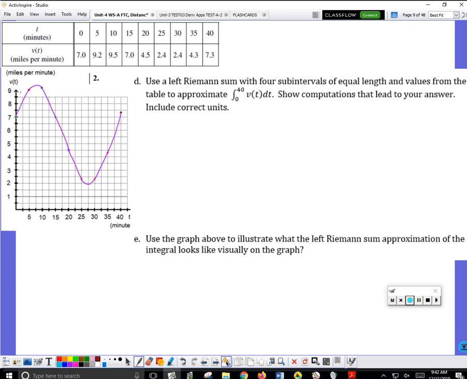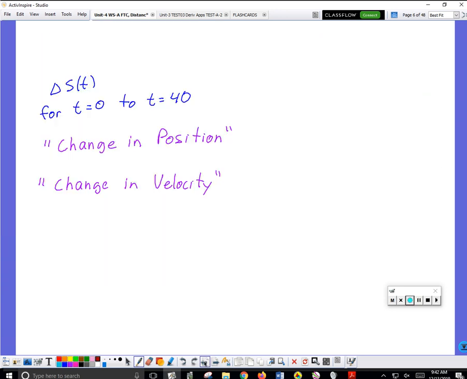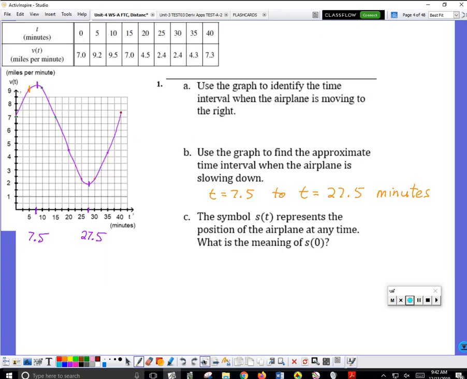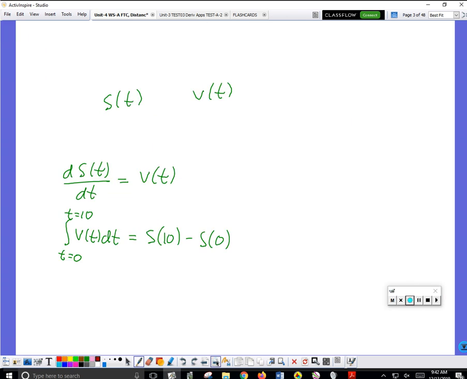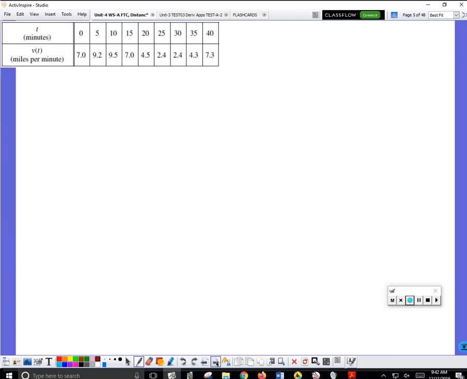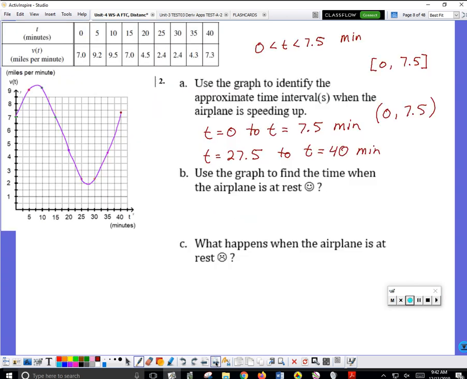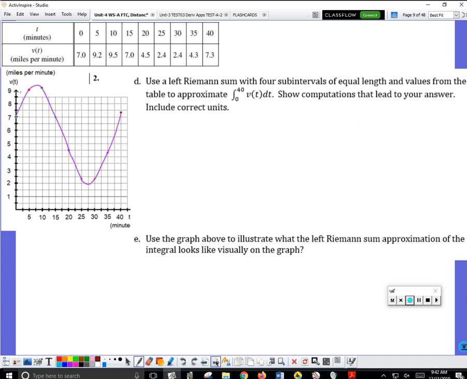We tried to get a sense of what it means to integrate. I want you to switch to your notebook now, not the buff packet. Just switch back to your notes. I want to discuss in a little more detail what it means to integrate. It's crucial that this makes sense. It's another huge topic.